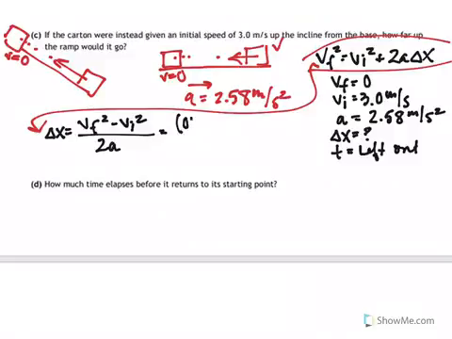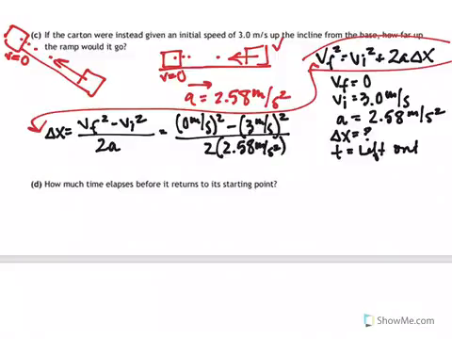I've got 0 meters per second squared minus 3 meters per second squared, divided by 2 times my acceleration of 2.58 meters per second squared in my denominator. When I plug all that into my calculator, I get that my displacement is 1.7 meters. And that's describing how far along the ground, which, if we tilt my head sideways, is how far up the ramp it goes.